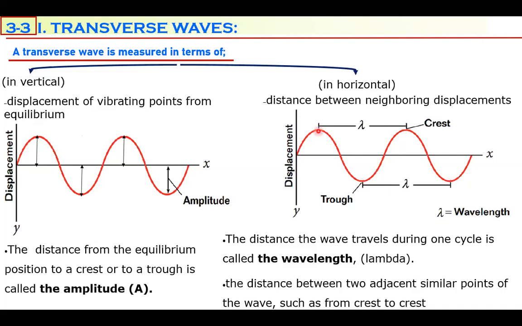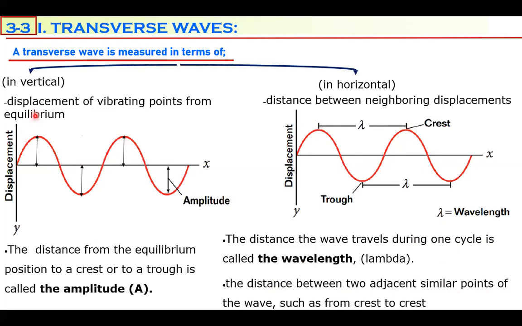Second, the distance the wave travels during one cycle. Third, the distance between two adjacent similar points, crest and crest, or trough and trough. So this is also wavelength.